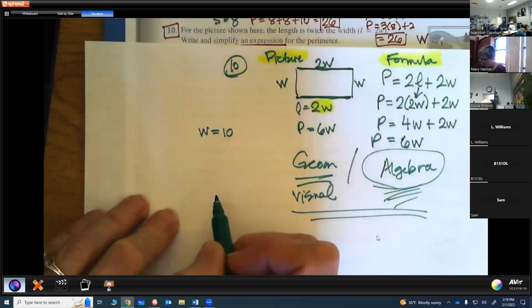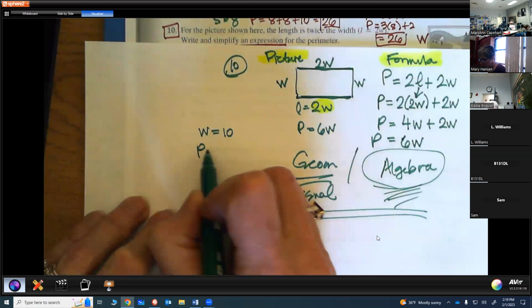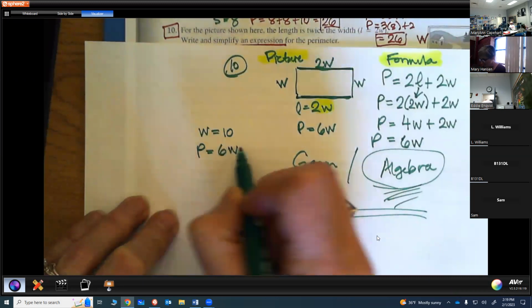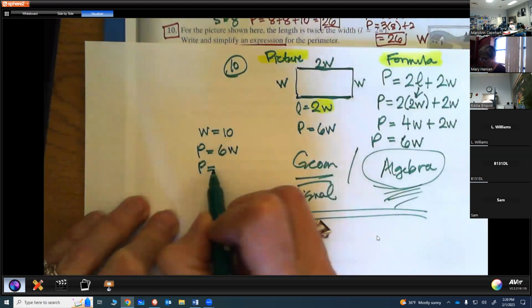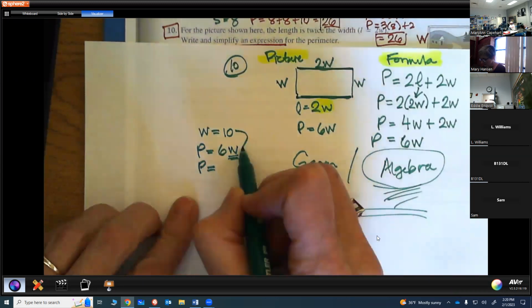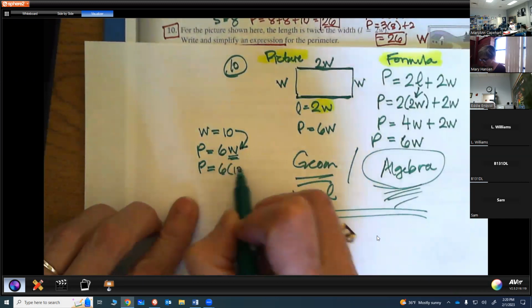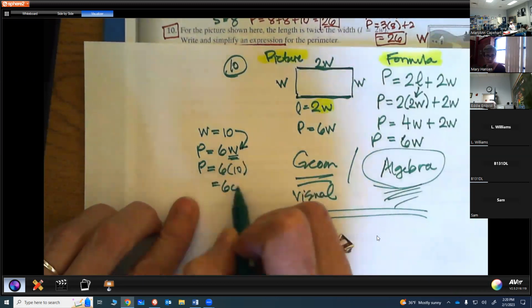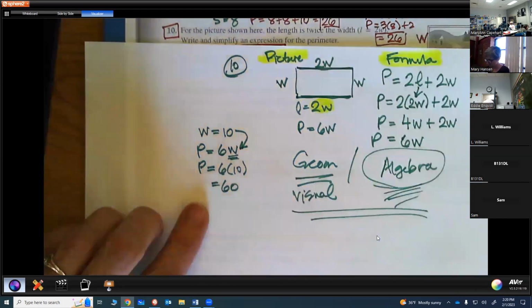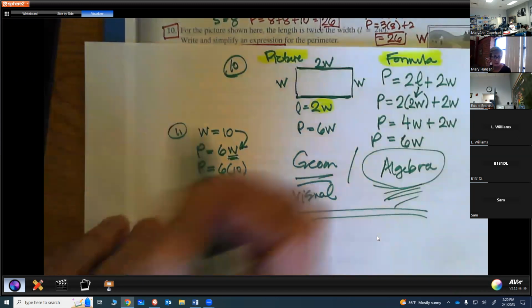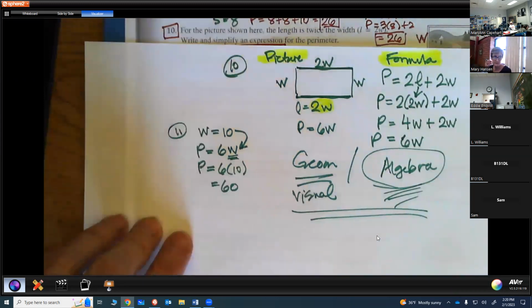So wherever we see a W, we can put in the number 10. The perimeter is 6 times 10, or 60. So that would be number 11.